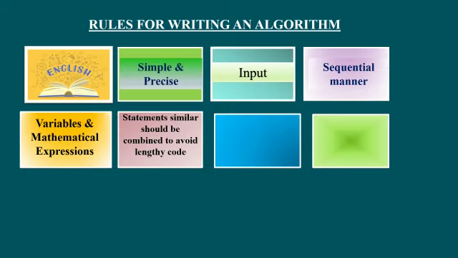Statements that are of similar type should be combined to avoid lengthy code. Each instruction should be executed within a reasonable time frame. To ensure that an algorithm produces the expected output, it should be checked using simple values.